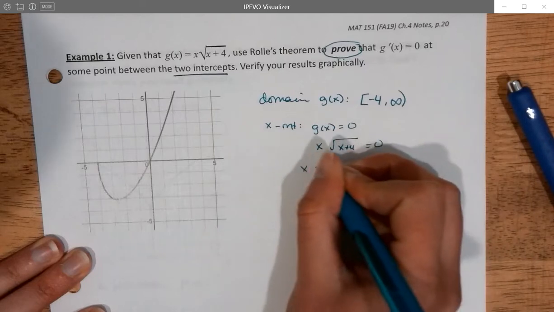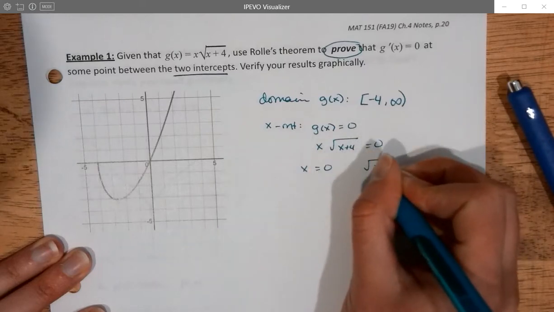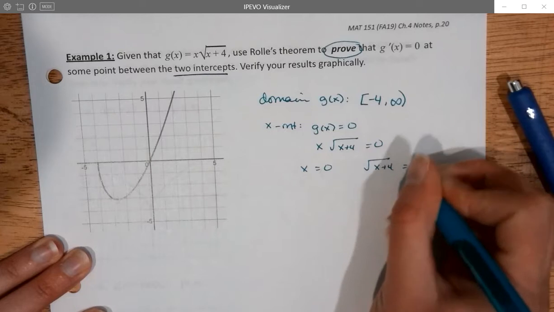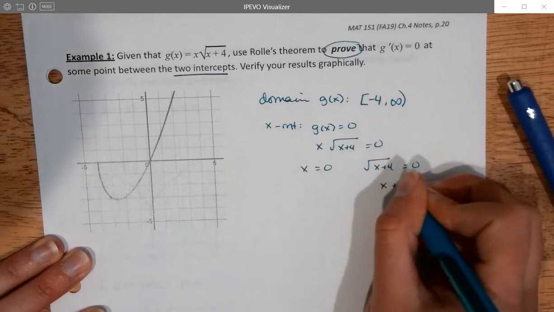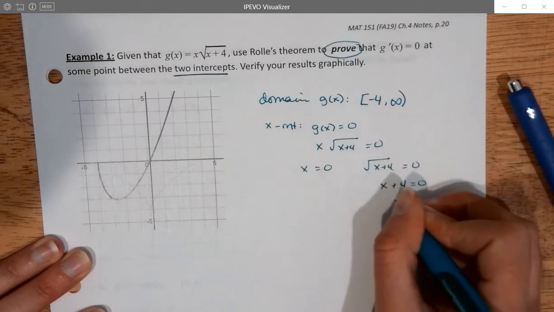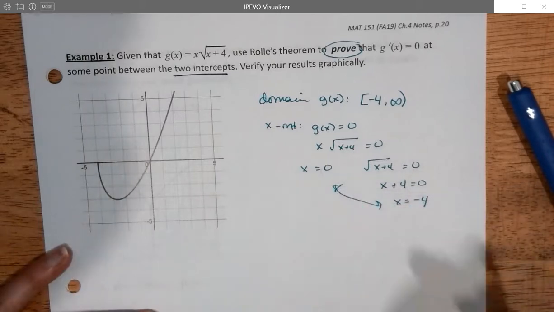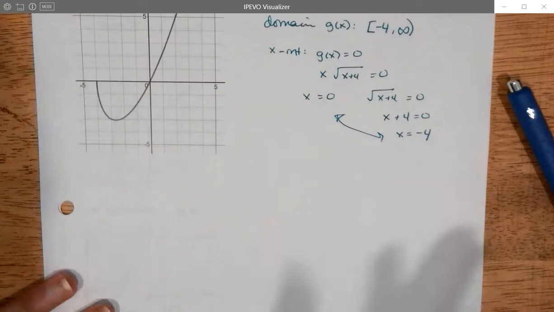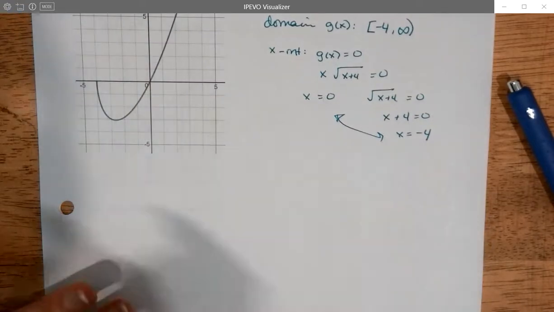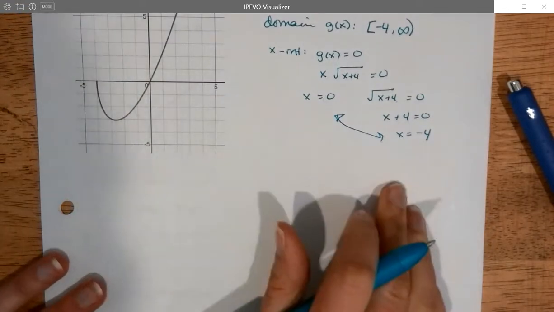So x equals 0 or the square root of x plus 4 equals 0, which gives x plus 4 equals 0, or x equals -4. So the two x-intercepts are 0 and -4. That means we want the closed interval between those two x-intercepts.